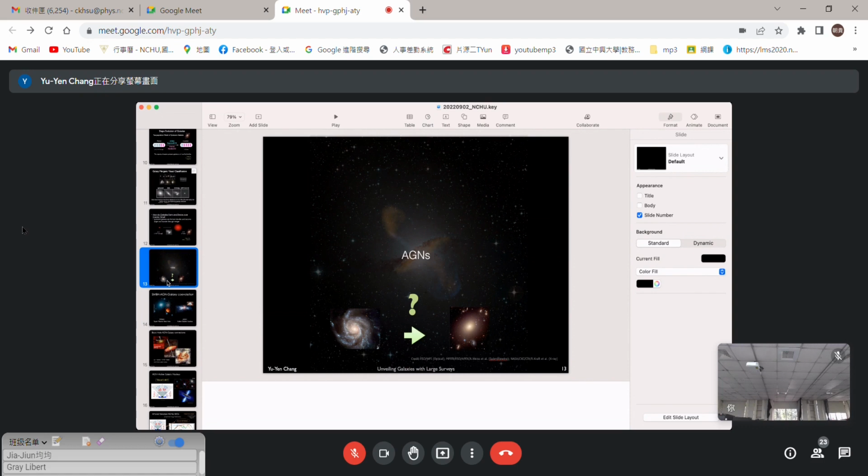Okay, so at which time will the AGN appear? It could appear in the original star-forming galaxy, in the middle of the process, or at the end of star-forming galaxy. So it's also not a very clear answer to this question. As far as I know, people try to find AGN in the middle of the process.